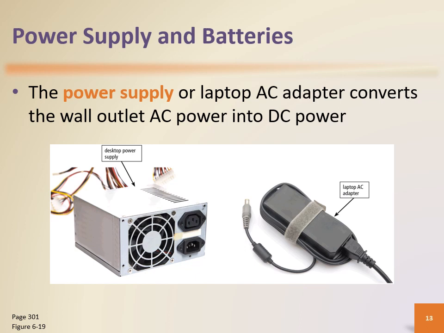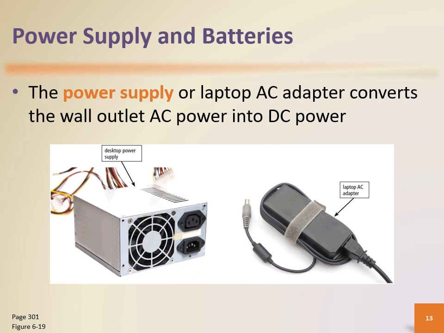So we need a power supply to convert it. Different motherboards and computers require different wattages on the power supply. If a power supply is not providing the necessary power, the computer will not function properly. So the power supply is required to convert that to the required capacity of the computer.